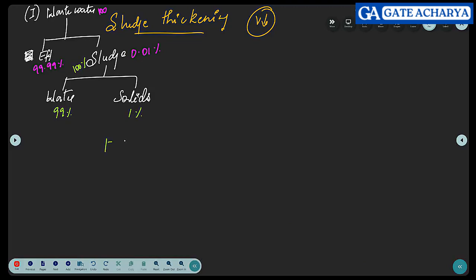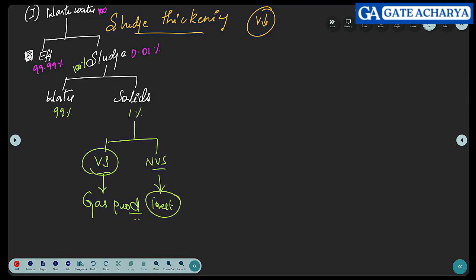So again the solids, it may be volatile solid or it may be a non-volatile solid. This volatile solid is responsible for gas production. Okay, and anaerobic treat பண்ணும்போது the volatile solid தான் gas produce ஆகும். Non-volatile solid will be always an inert material. Okay, அது கடைசியில மறுபடியும் பயோமாஸா வந்து நிற்கும்.